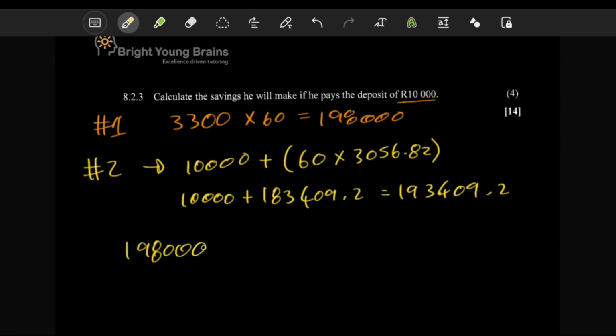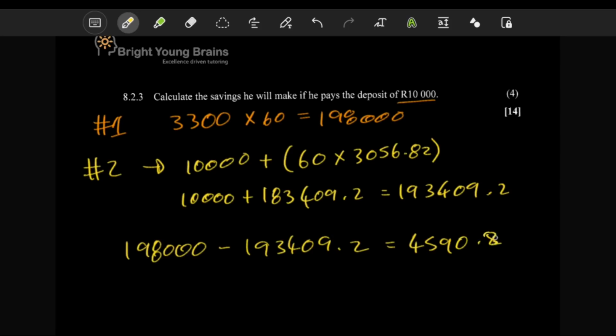But then the price difference, the difference in how much he pays, is just this much. So 198,000 minus 193,409.2, let's see what that gives us in the calculator. This gives us a difference of 4,590.8.